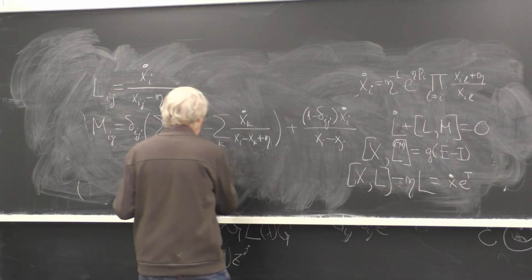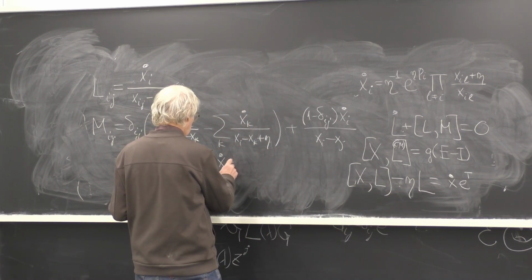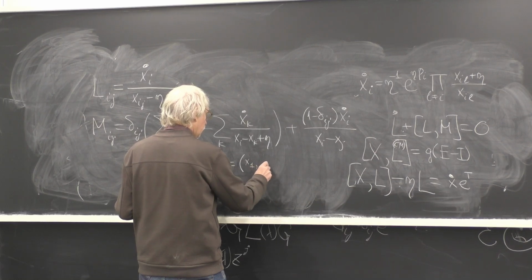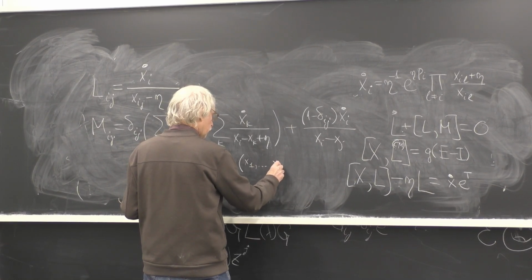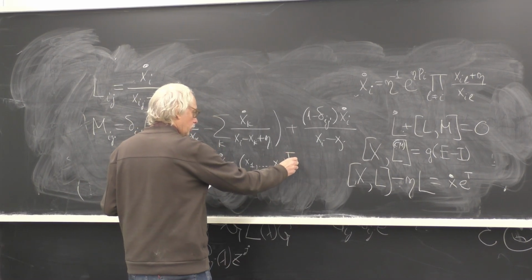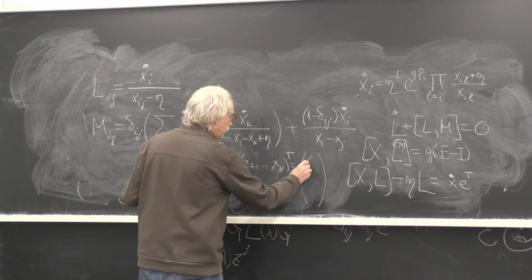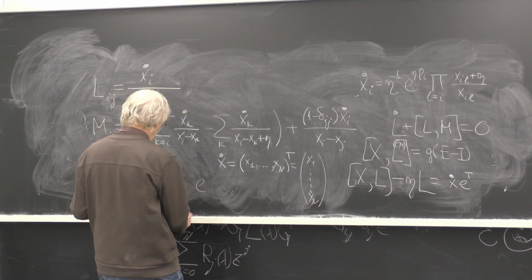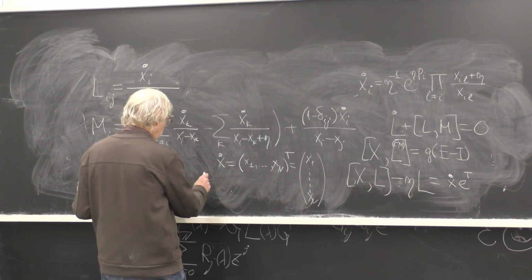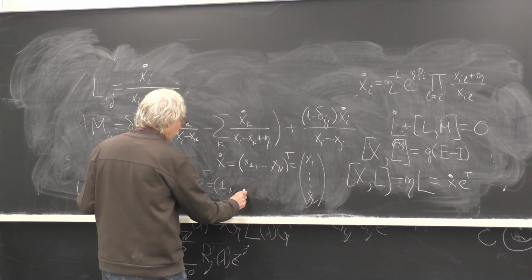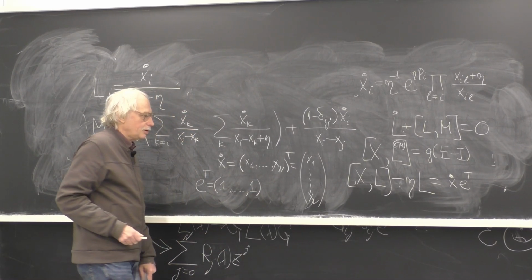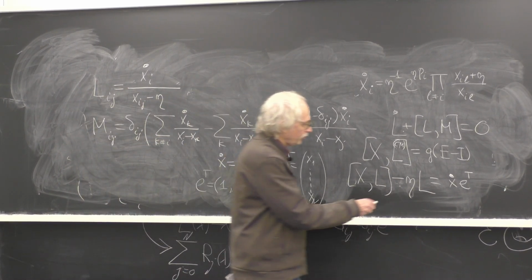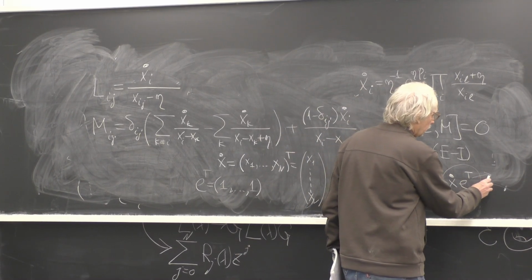Here, x dot is a column vector with components being coordinates. So this is a column. And E transpose is a row vector whose all components are ones. So this is some matrix of rank 1.